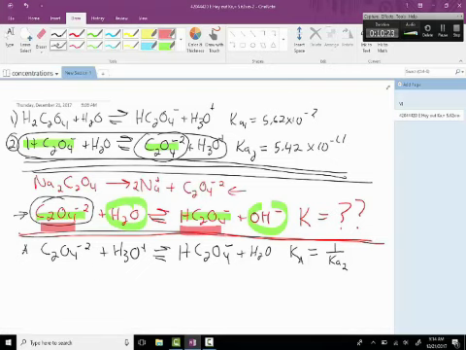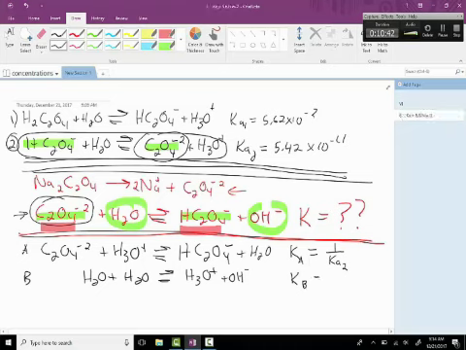All I got to do now is react with the water and get rid of the water on both sides. H2O plus H2O gives me H3O plus OH minus, and that is K reaction B. K of reaction B is equal to Kw.